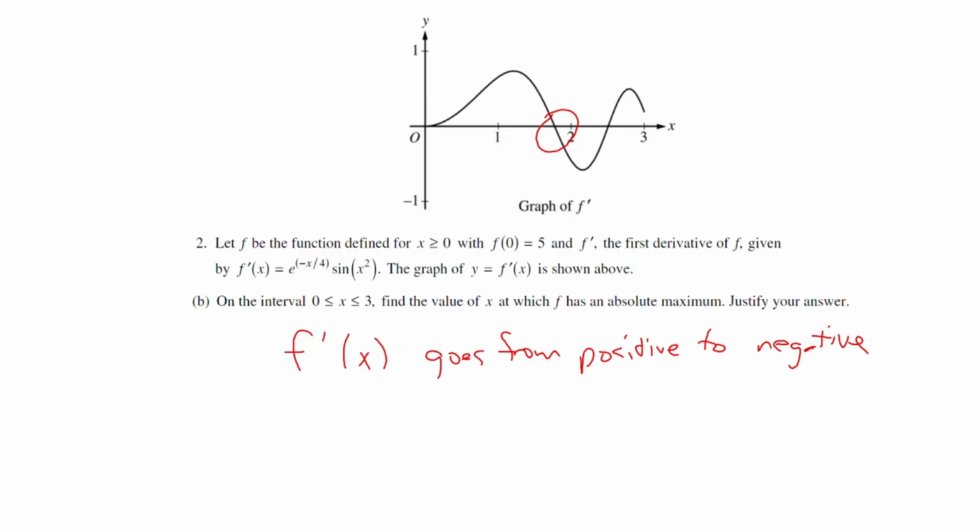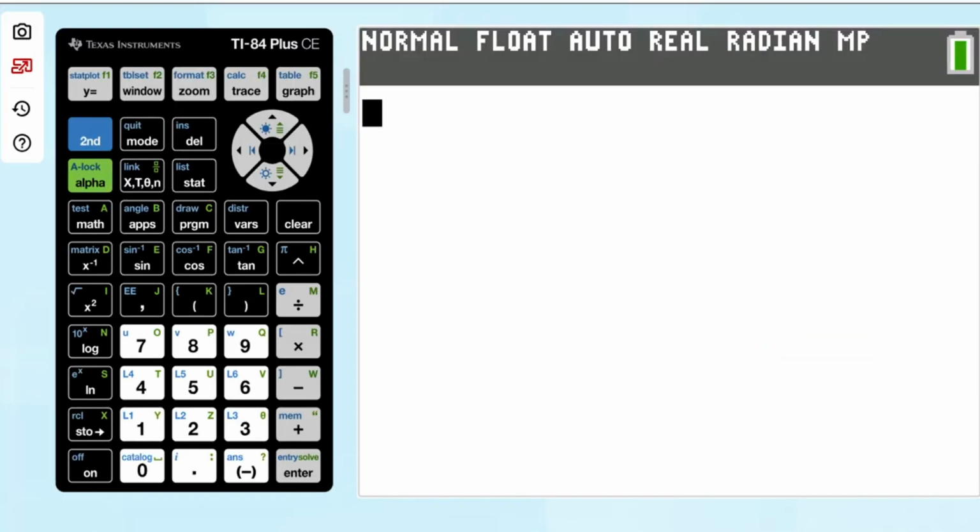And so we just need to graph f prime of x on our graphing calculator and see what that x-intercept is. So we'll go into our graphing calculator, and we could do it by hand if we want to, but since it's a calculator question, we might as well go ahead and graph it.